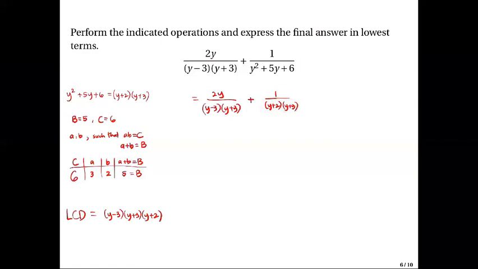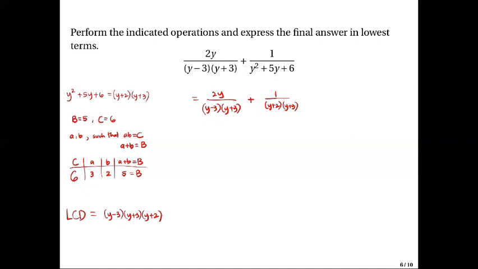And with each factor here, the highest power that we see is 1. So you multiply these factors and you put the highest power that you see for each factor, and that will be your LCD.